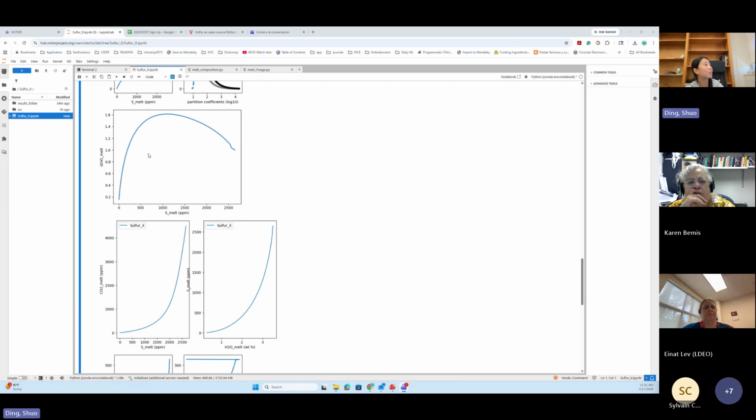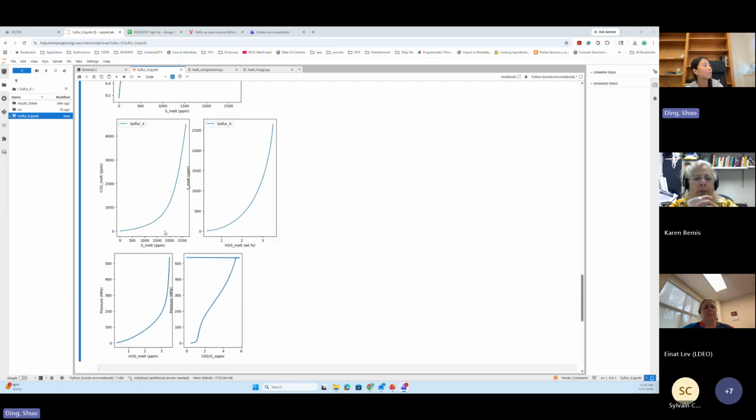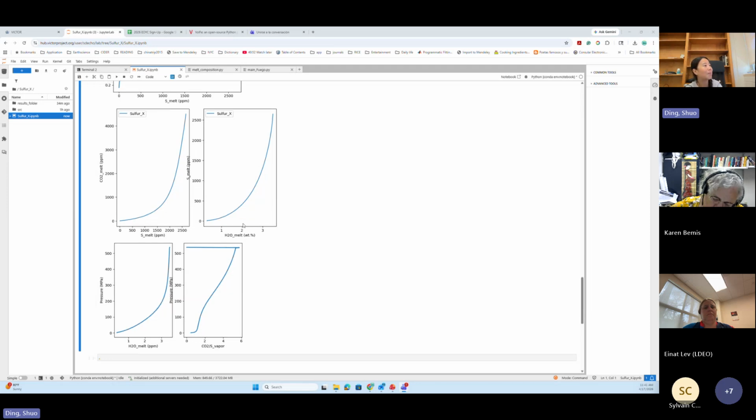This is how the sulfur delta 34, the isotope, changes in the melt as sulfur decreases. And we have sulfur versus CO2, water versus CO2. These are typical volatile plots people are interested in when looking at volatile concentration in the magma.